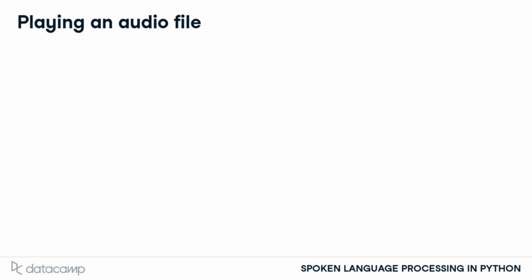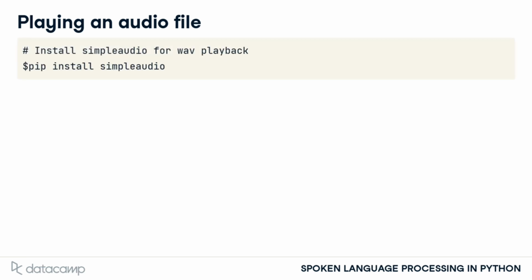Let's say you wanted to play an audio file to check its quality. You can use the play function on any AudioSegment. The play function requires simpleaudio or PyAudio for WAV files and FFmpeg for all others. Since ours is a WAV file, we'll install simpleaudio via pip.